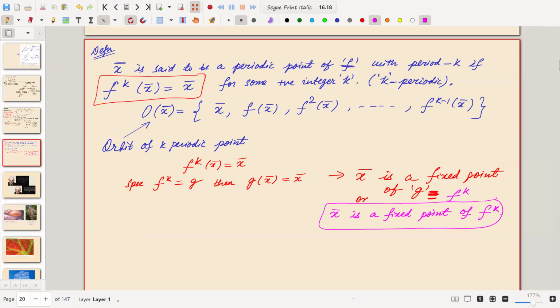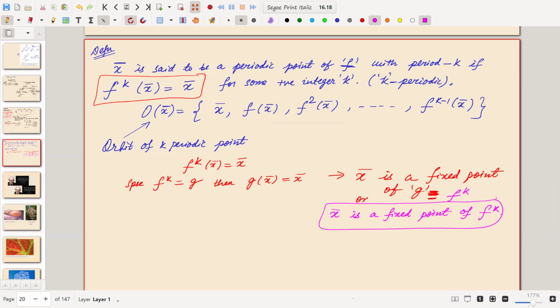So finally, what I meant to say in this aspect of study is that when we were studying a periodic point, you boiled it down to the concept of a fixed point. This is the reason why we studied fixed points in the first place, and then the periodic ones. You got the idea?